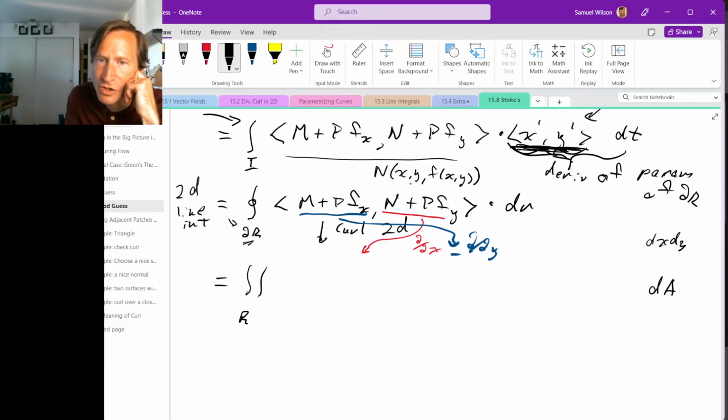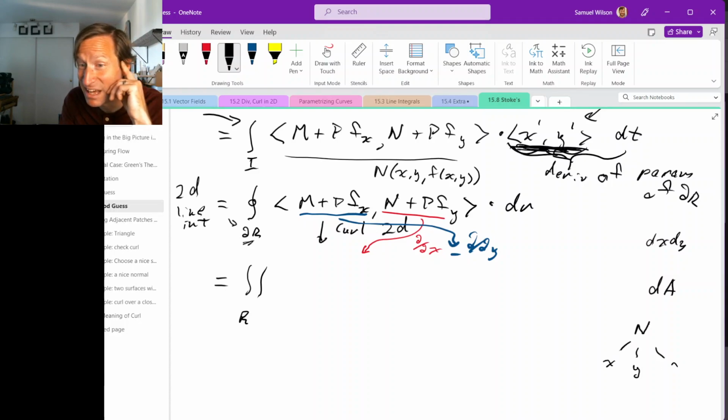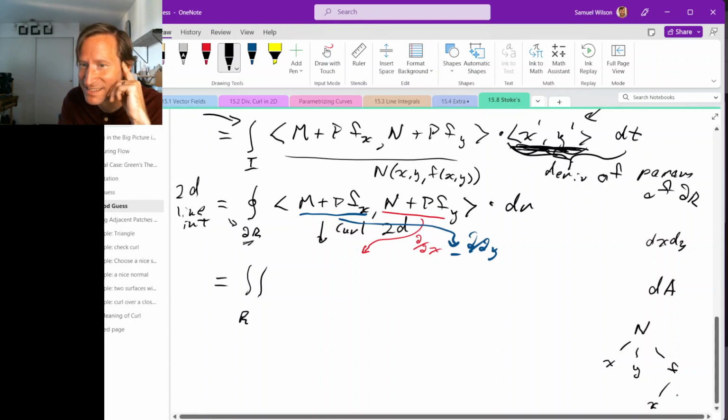So when we take the partial derivative of this with respect to x, we have n, which depends on x, y, and f, which depends on x and y, and x is x, y is y.